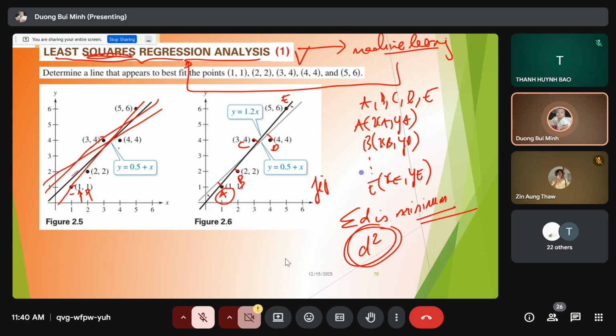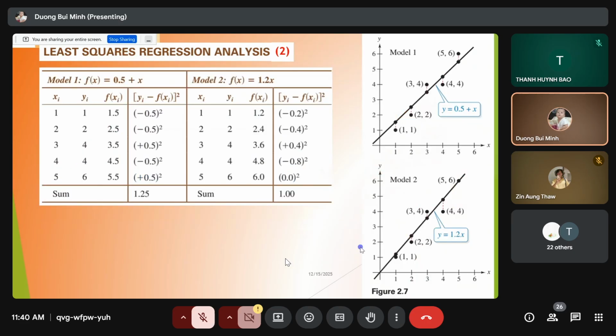So when we consider this minimum distance, we take the square. You have some positive, some negative, so when we take the square, you can make sure the errors are always positive.